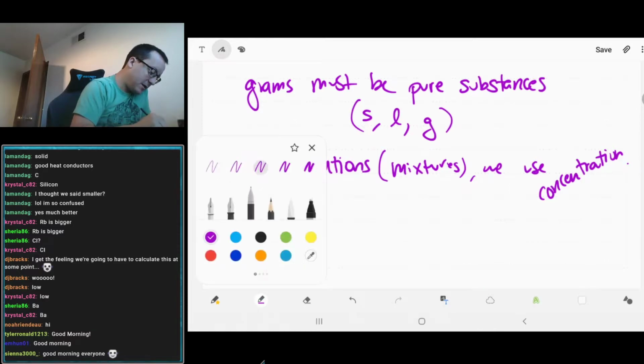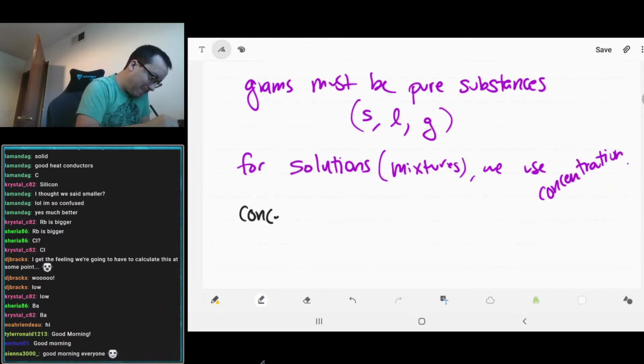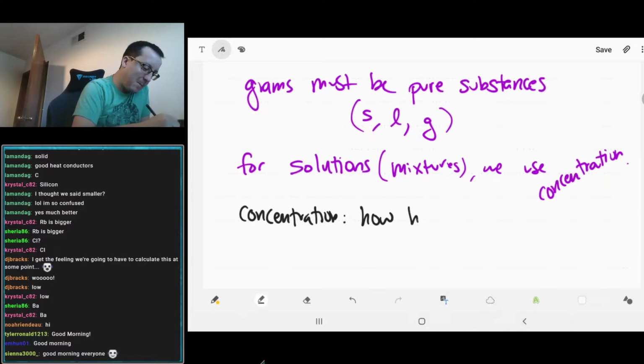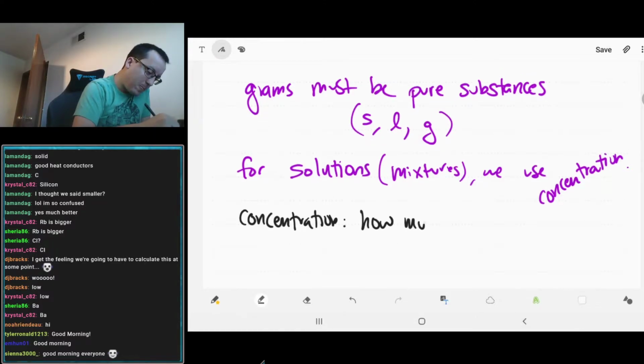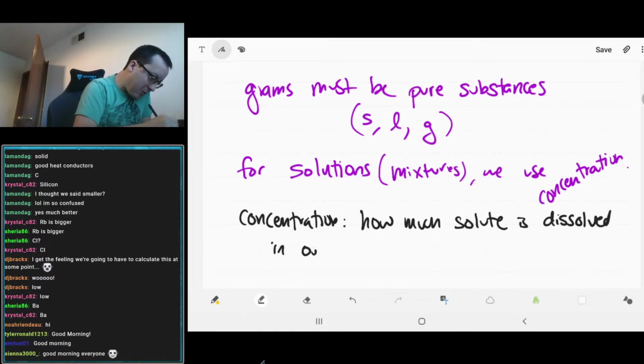So note that concentration is basically a way of saying how much of whatever we're looking at is dissolved in our solvent, which is typically going to be water.